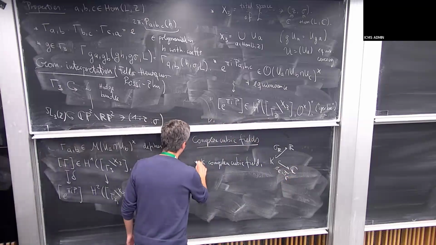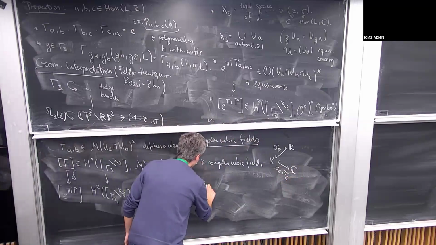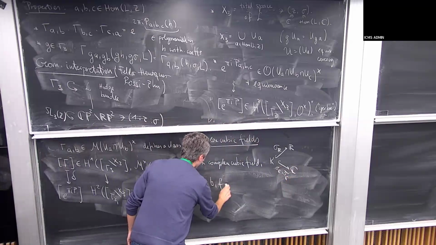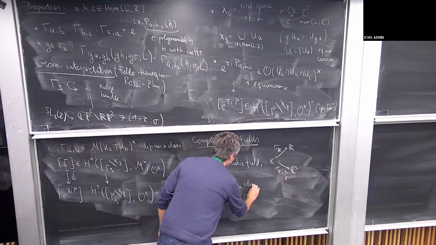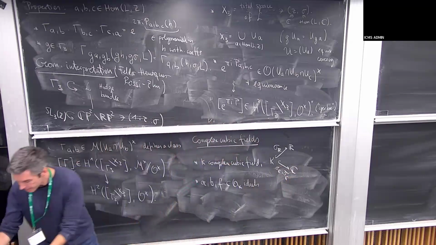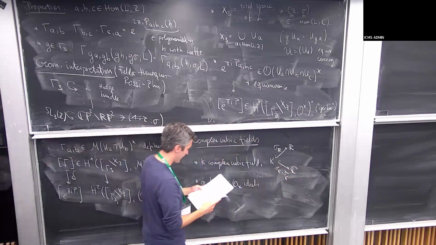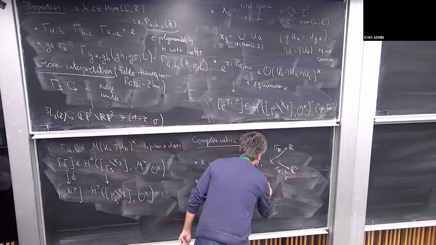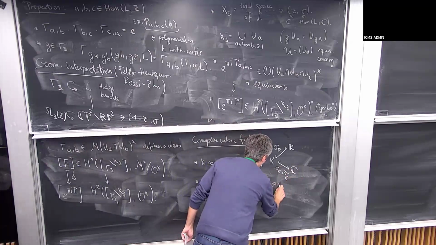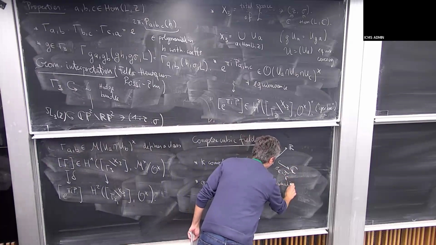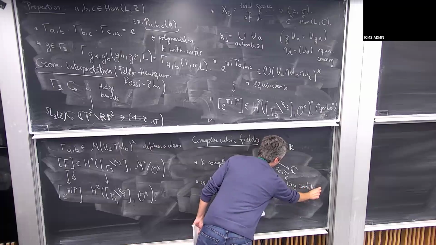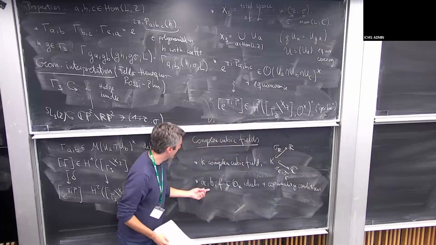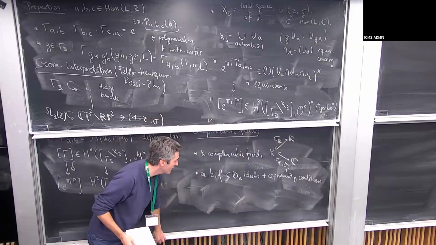Now I need some additional data consisting of ideals A, B, and F. They should be co-prime, and there are some additional conditions on the auxiliary ideal A that don't matter exactly what they are.